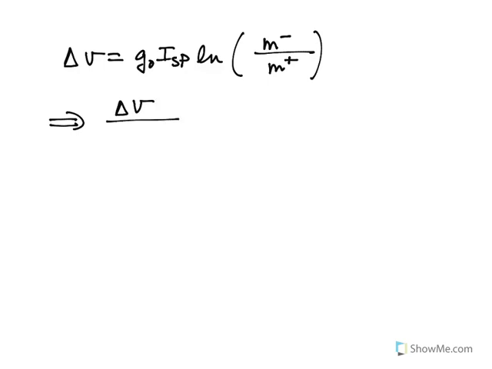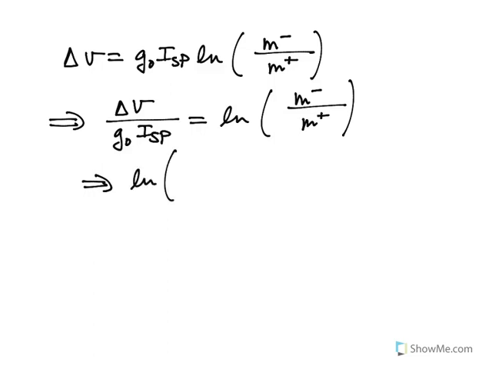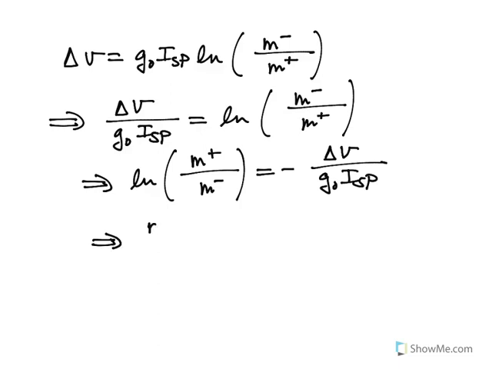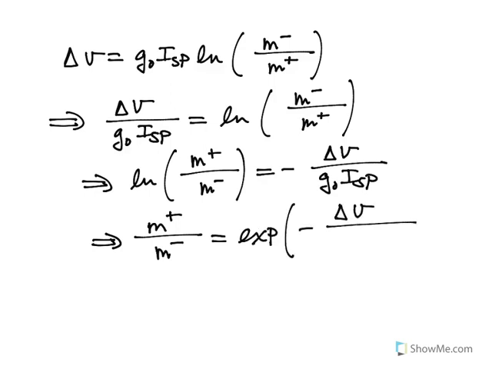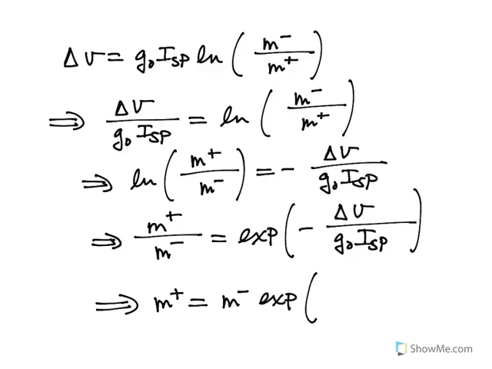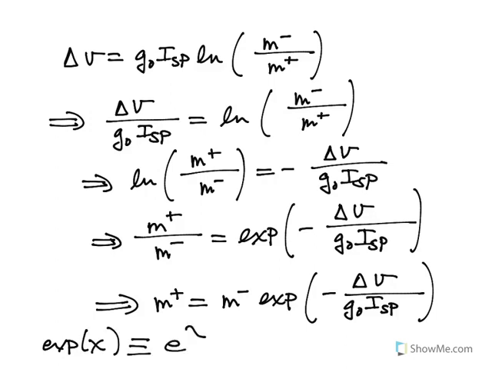We can write delta v all divided by g0 Isp is equal to the natural log of m minus over m plus, which gives that the natural log of m plus over m minus equals minus delta v all divided by g0 Isp, which implies that m plus over m minus is equal to the exponential of minus delta v all divided by g0 Isp, which implies that m plus is equal to m minus times the exponential of minus delta v all divided by g0 Isp, where we note that exp of x is the same thing as e to the x.